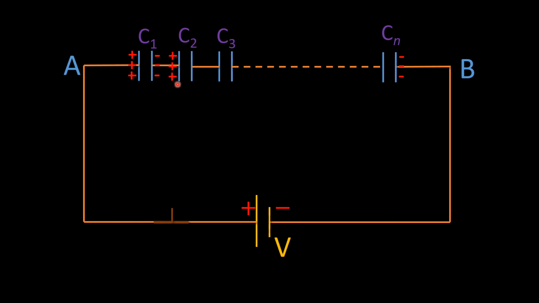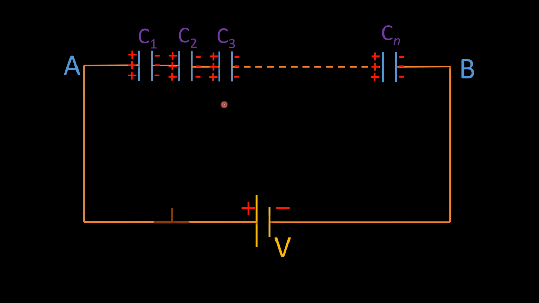And looking at the positive charge on the left plate of C2, what will happen to the other plate of C2? It will gather all the electrons, and those electrons have come from the first plate of C3, so it will become positively charged. And that is how all the plates of intermediate capacitors will get charged.